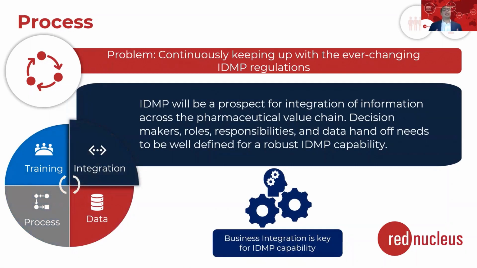All right, the next part is around integration. Currently, we're talking about this in the context of business integration and optimized data handoffs. Cross-functional collaboration must be well defined to enable successful operation of an end-to-end process.